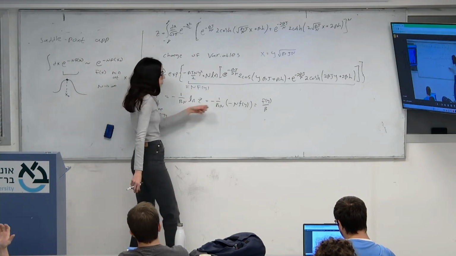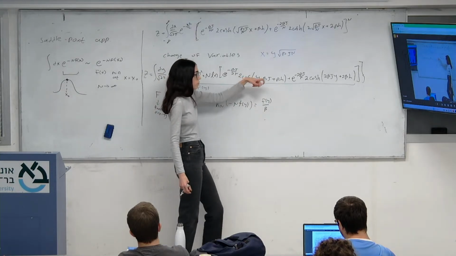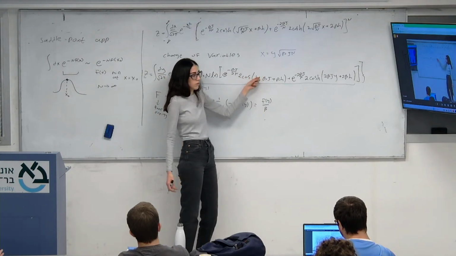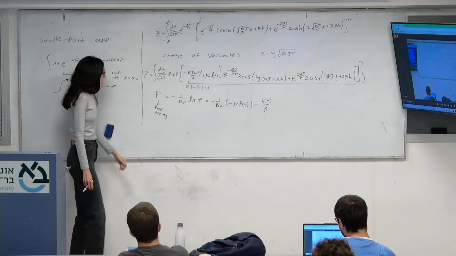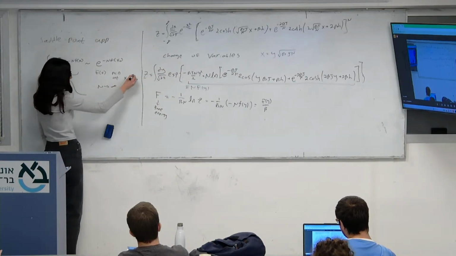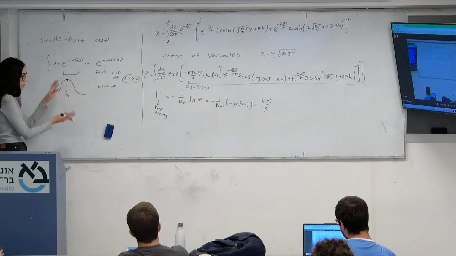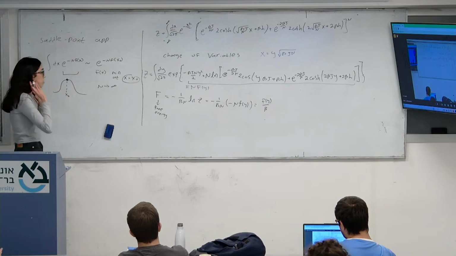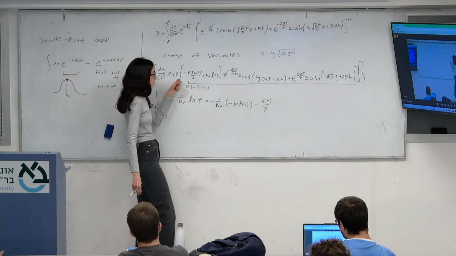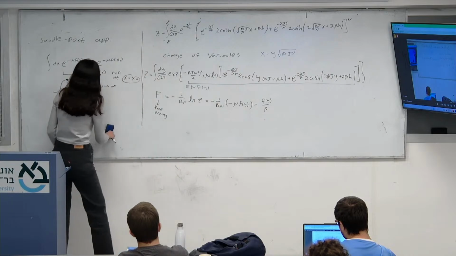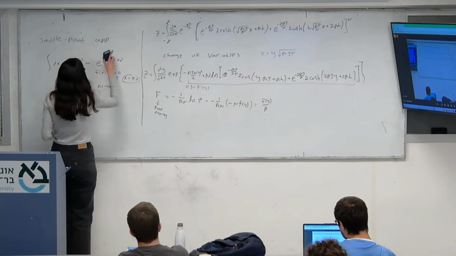So the free energy always gets the minimum value. In that case, it would be the minimum value with respect to y. And that's going to be the minimum value in x0 that we have for the saddle point approximation. So it means that I can approximate that. I'm going to do that.